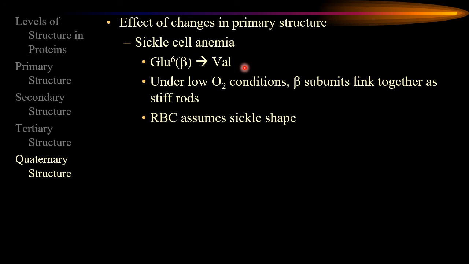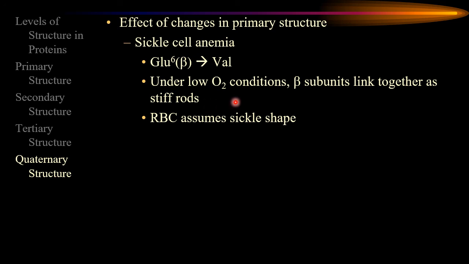So it will now affect how the subunits interact with each other. Especially under low oxygen conditions, the effect is that the beta subunits link together as stiff rods. You can probably imagine the valine trying to evade, if I can use that term, the polar environment of the cell, and the result is beta subunits that link together as stiff rods.